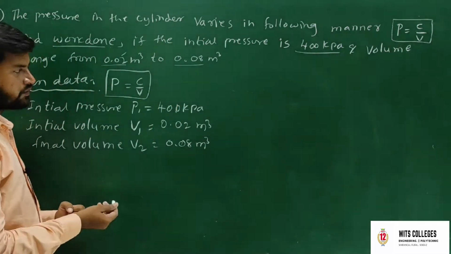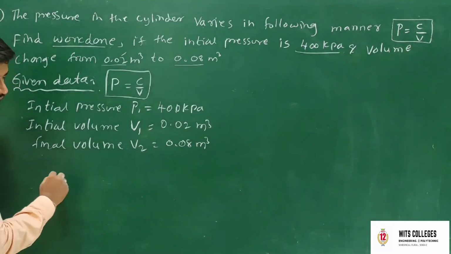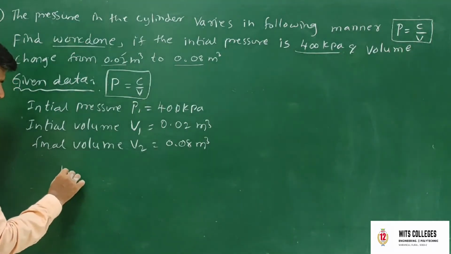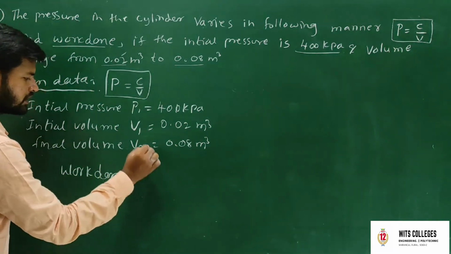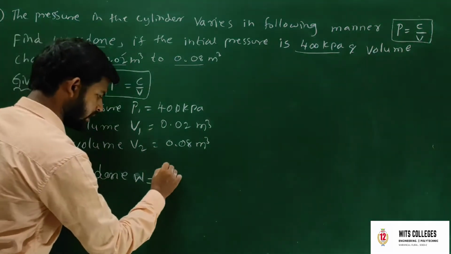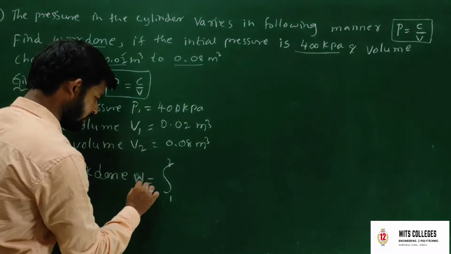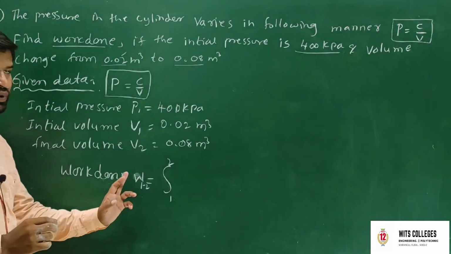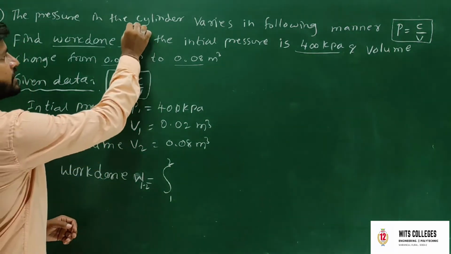Next, what will you find out? Work done. For the work done formula, generally we know that W = integration from 1 to 2. The process 1 to 2 occurs in the cylinder.